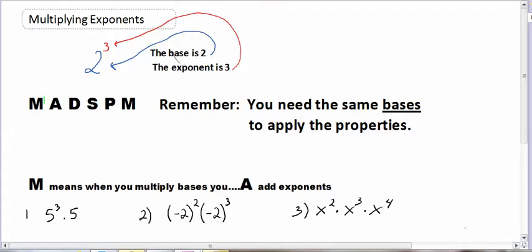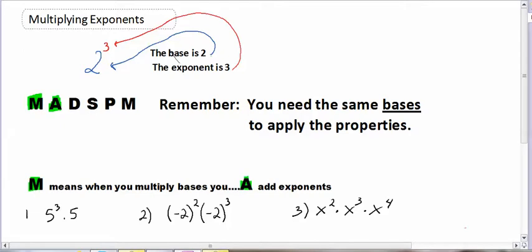The M means when you multiply bases, the A means add exponents.